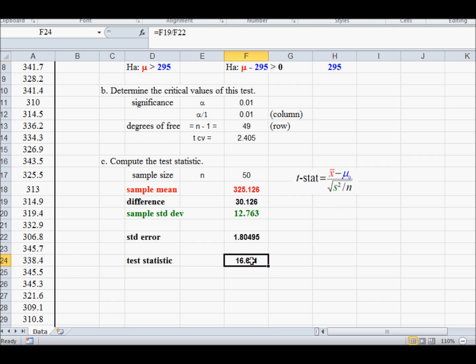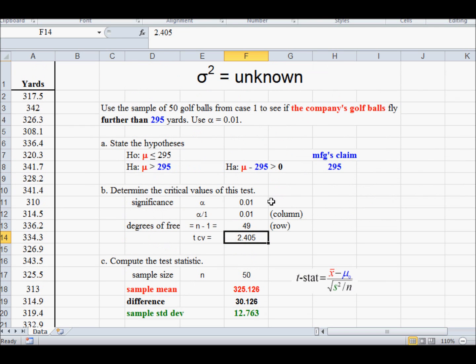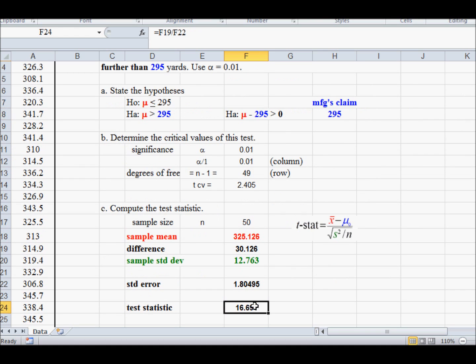Now because the test statistic is greater than the critical value, we have evidence in support of the hypothesis. In other words, when the test statistic is bigger than the critical value for an upper-tailed test, the difference is positive and significant. So we have evidence in support of the alternative hypothesis here.